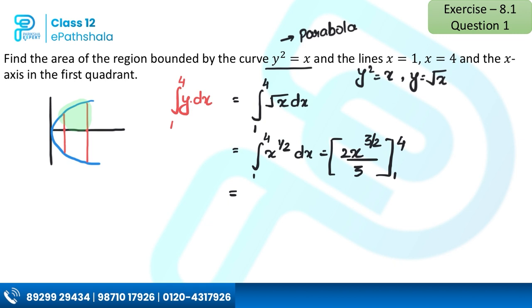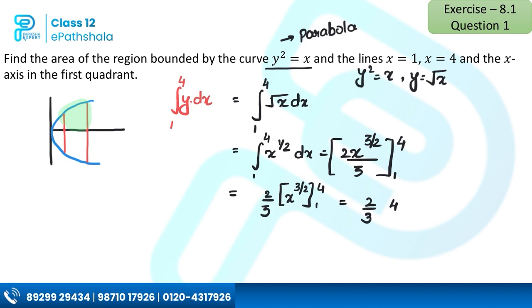Hence, taking 2 by 3 outside as common, we will have x to the power of 3 by 2 and the limits range from 1 to 4. Solving this further, we will have 2 by 3 x to the power of 3 by 2.